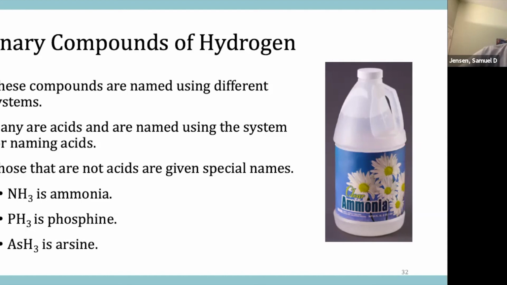So NH3 is not nitrogen trihydro. Its name is ammonia. It is not phosphorus trihydride, it is phosphine. It is not arsenic trihydride, it is arsine.